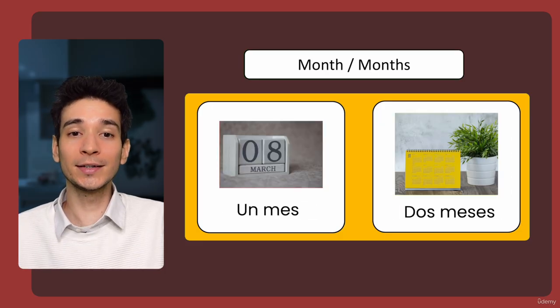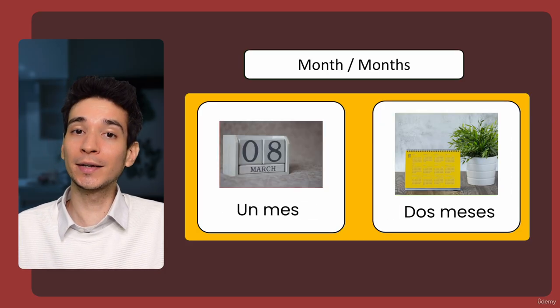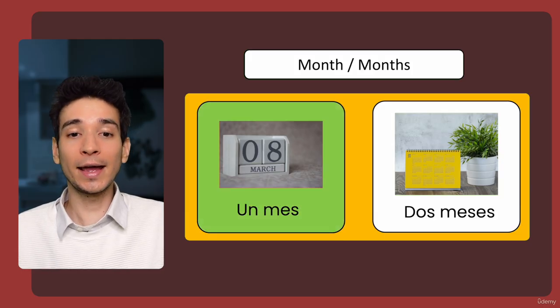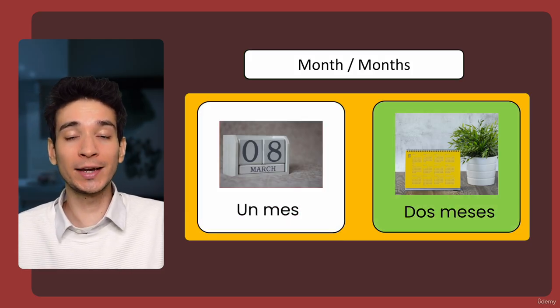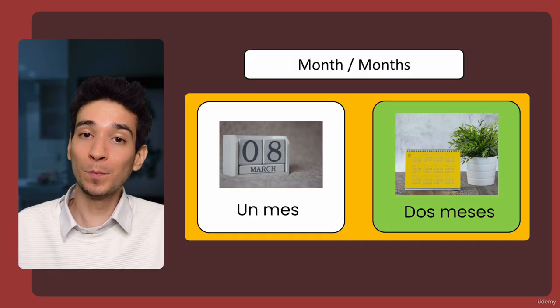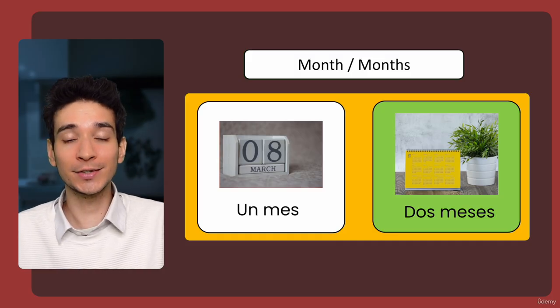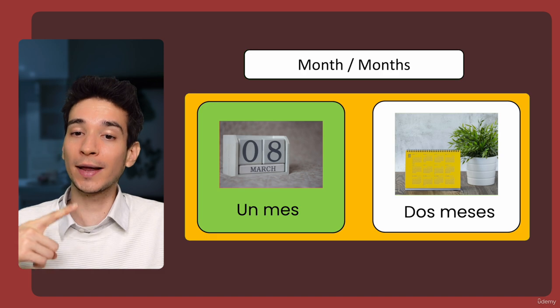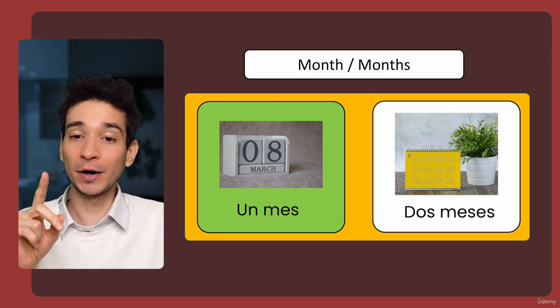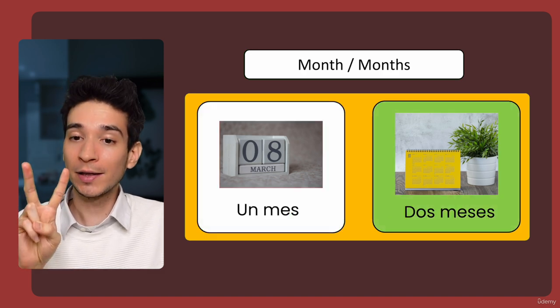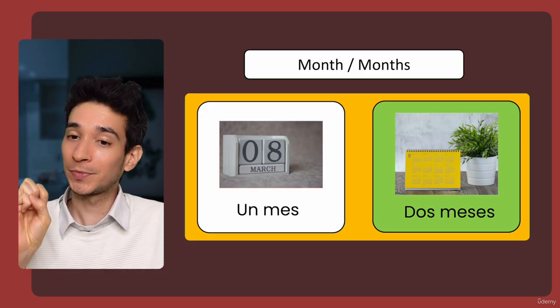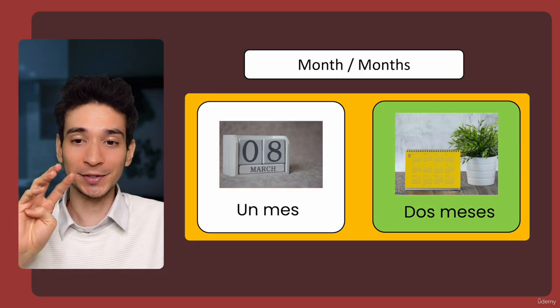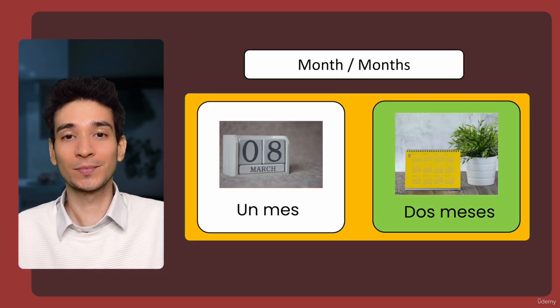The next one is mes, which means month. And to make it plural, we would say meses. So if you have only one month, we would say un mes. If there are 2 months, we would say dos meses. Tres meses. 4 meses. 5 meses.